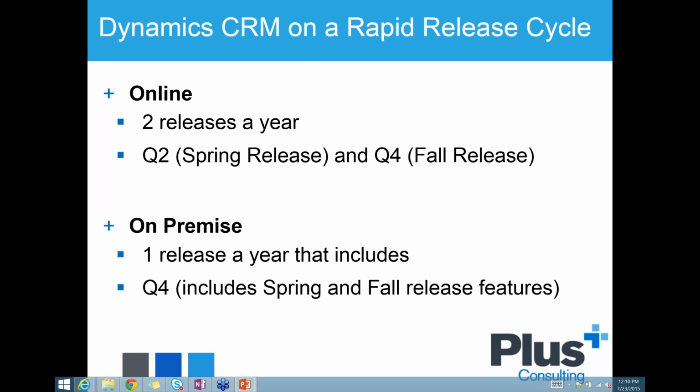One, which is the Spring release, is usually around the second quarter of the year, and then the fall release, which usually happens in the fourth quarter. I've seen December is usually when these come out. Those are both for online. On-premise, there's only one release, and this is in Q4 of every year. And it includes both the spring and fall release features.